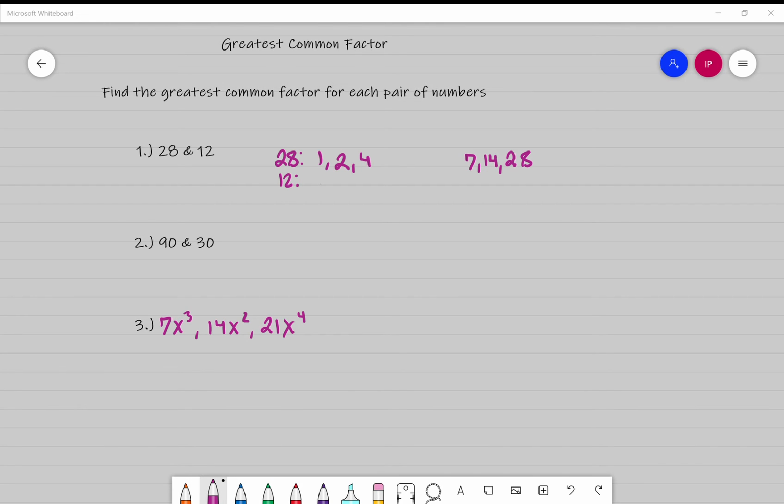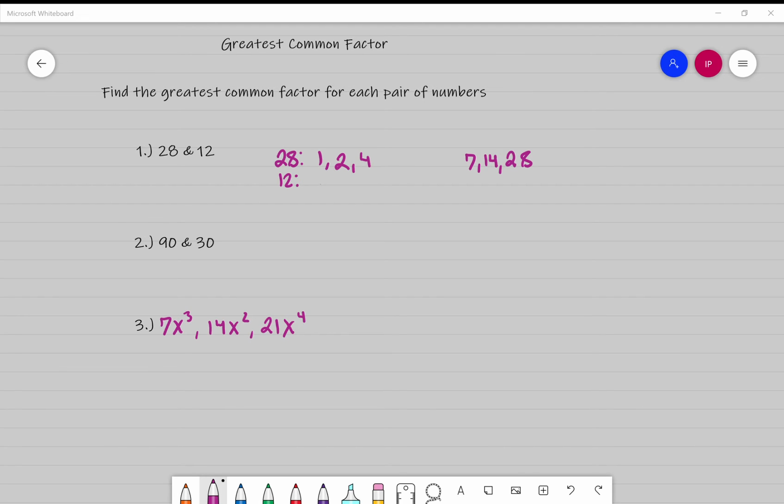Also, a little side note, 5 goes into any number that ends in 0 or 5. 28 doesn't end in 0 or 5, so we know 5 can't go into it. So let's try 6. Another decimal, it doesn't go in there. And we know 7 does.